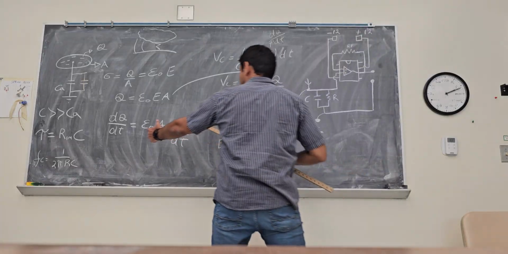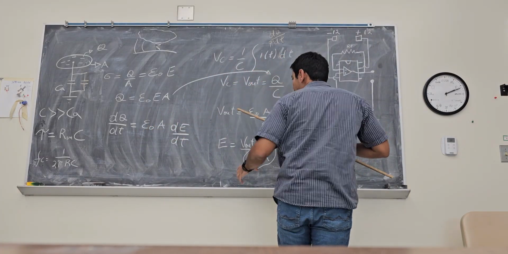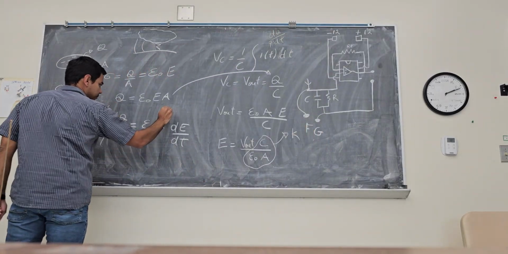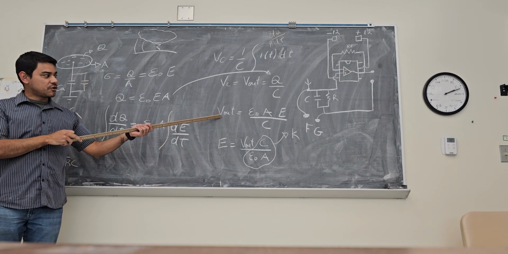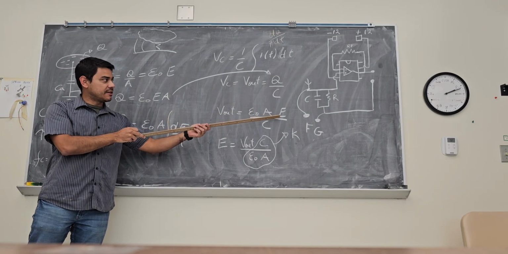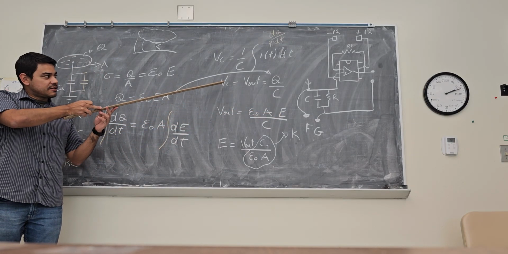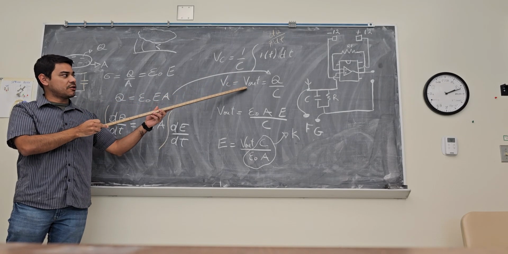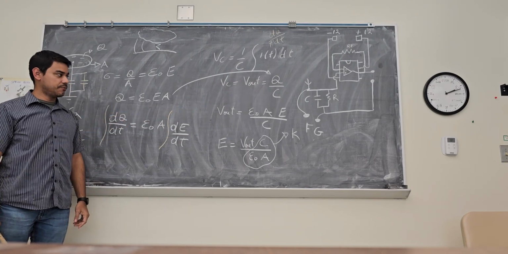So if I plug this inside my integral, I can cancel both derivatives, and I will have an output voltage that's going to be proportional to the electric field. Okay, so what I did here is say that the voltage across my capacitor is equal to the output voltage, which is also equal to Q over C, okay?